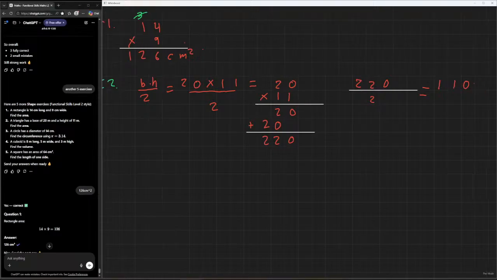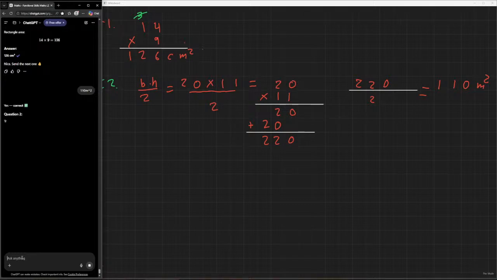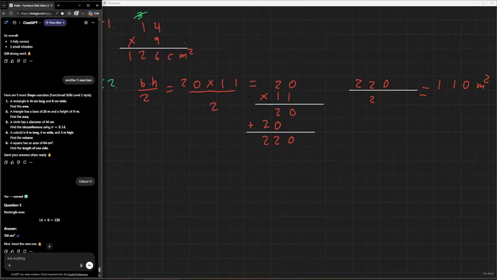And what was the meter square? So yeah, literally this, what I said.